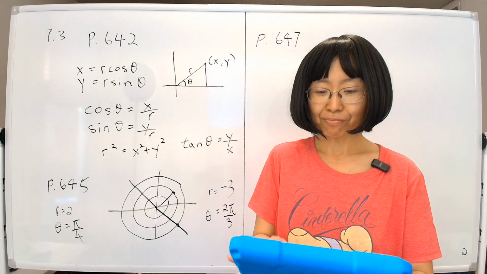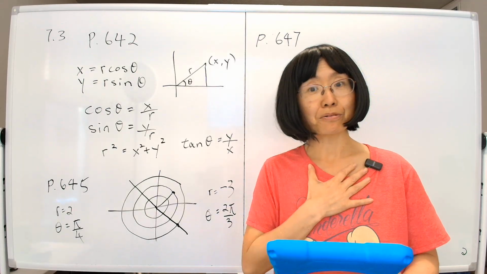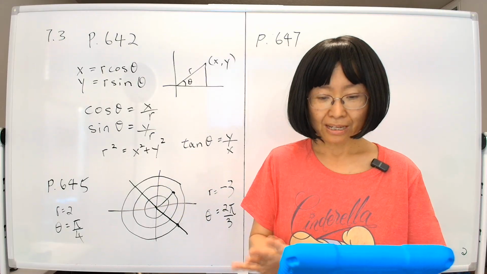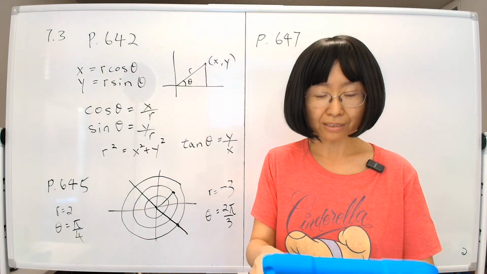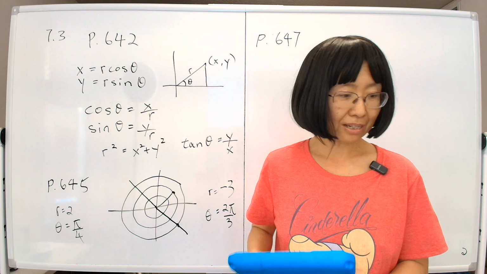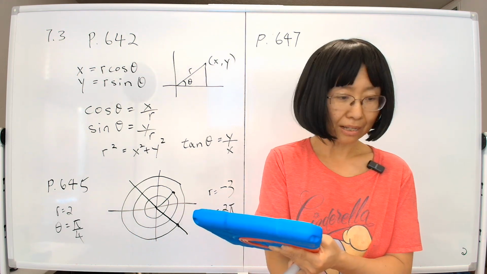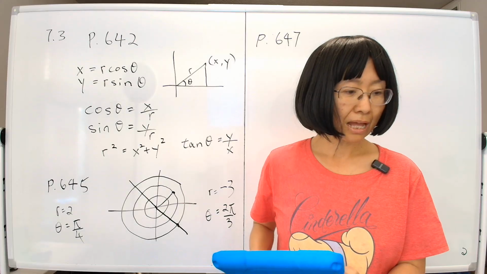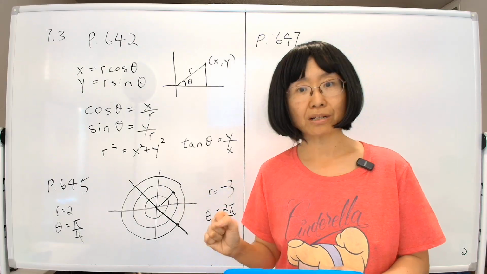But for my class, all you have to do is plot maybe a couple of points, and then do the rest of the work by typing it into the Desmos calculator. I have the link below this video on how to do polar, which website you use for polar coordinates.